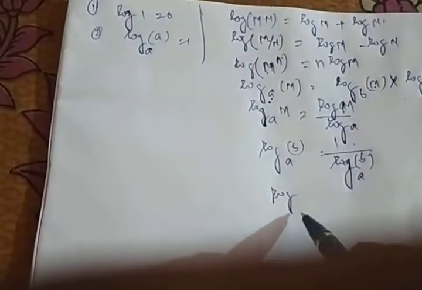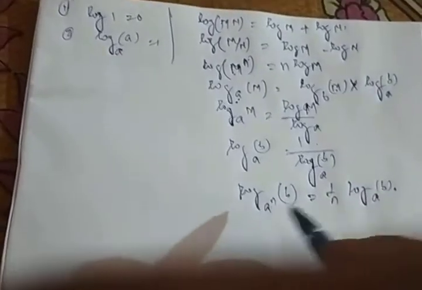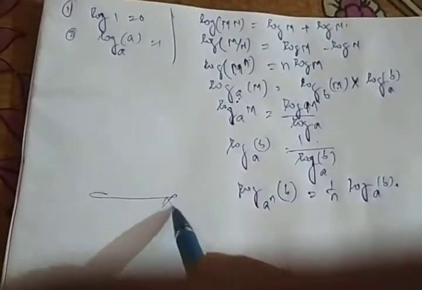And also there is a formula: log of b with respect to base a to the power n equals to 1 by n log of b with respect to base a. So these are the formulas for the logarithm.